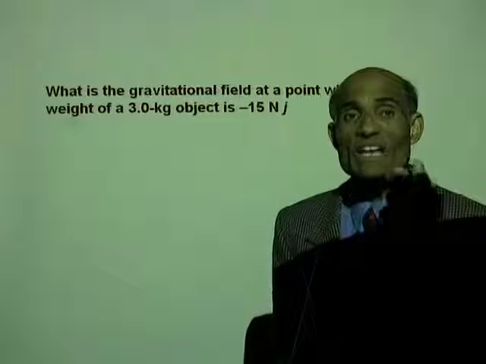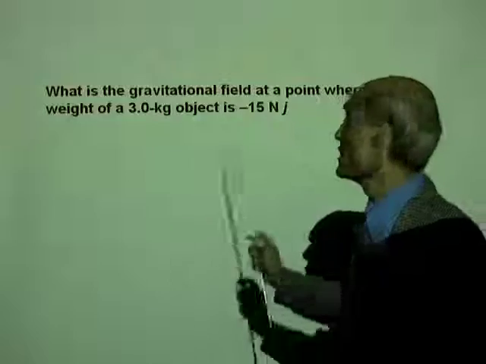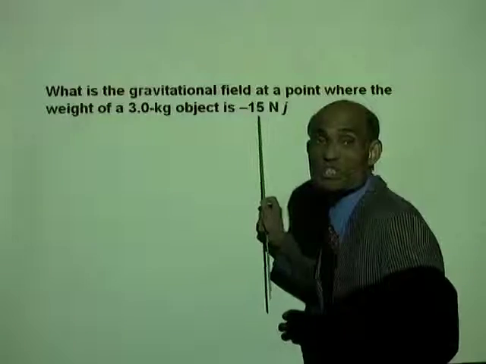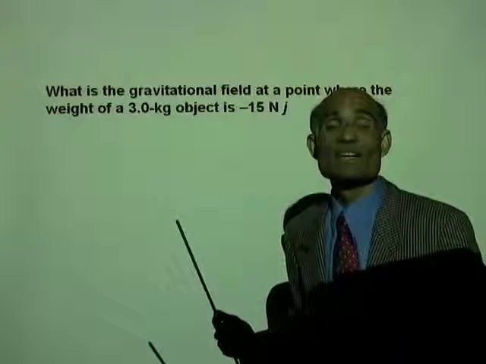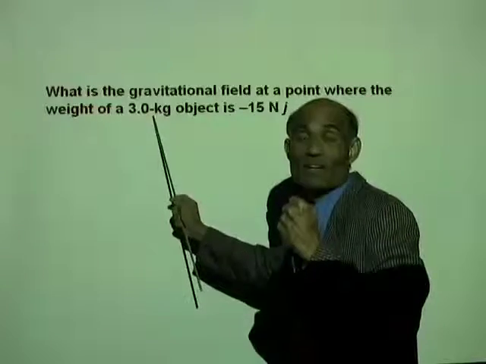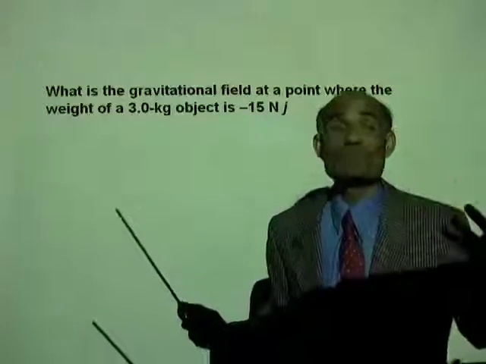Gravitational field is the force per unit mass. Now, the weight of a 3 kilogram object is negative 15 Newton, means that is the force on the 3 kilogram there. Therefore, if you place 1 kilogram, what will be the force?